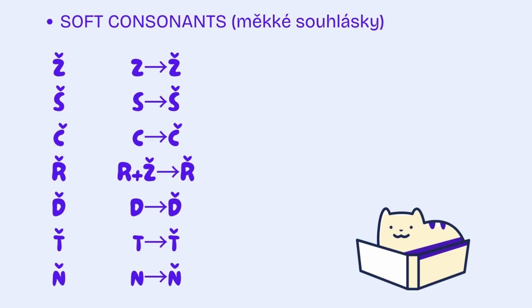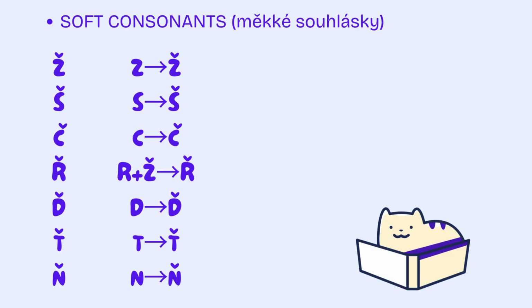So don't worry about it. I always say that you have to combine R, which is very vibrating, together with Ž. A weird combination, right? Let's try it. Say them separately and eventually mash them together. R, Ž, Ř.